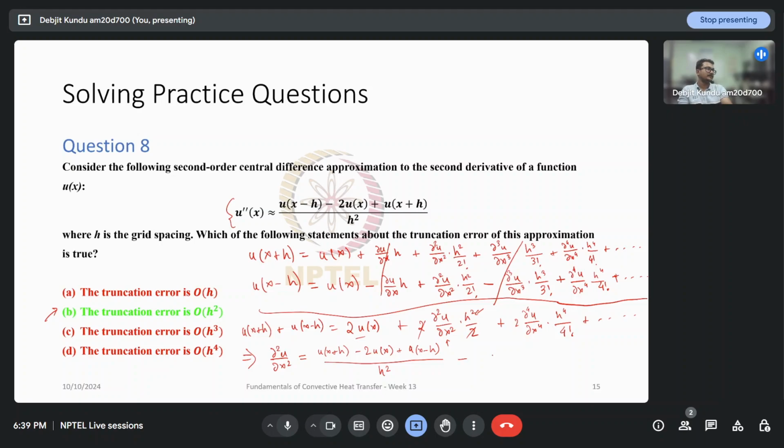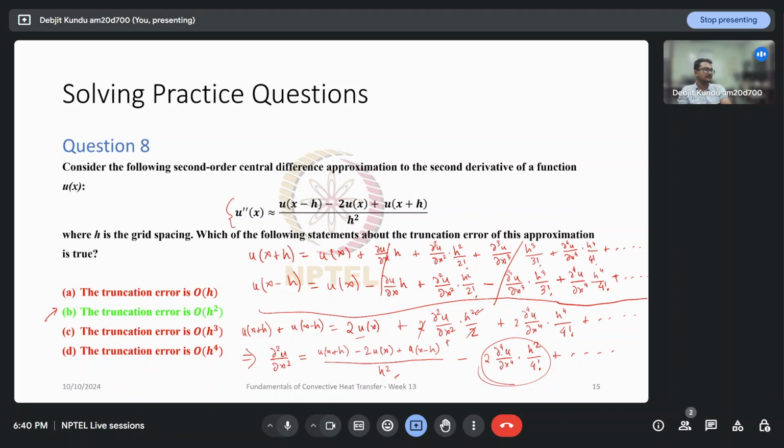And we will have minus this term, 2 into the fourth derivative, with factorial 4 here, and h power 4 was there, but remember we are dividing by h square, so an h square would be there, and higher order terms.